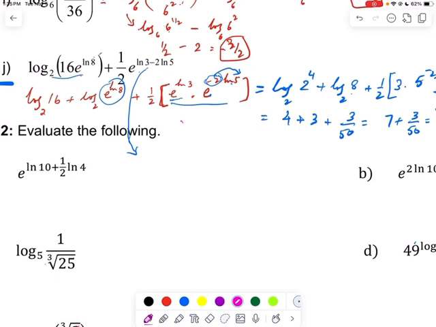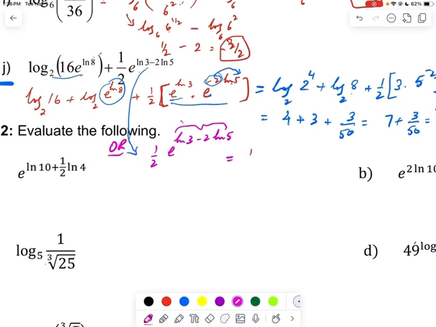So for this part, 1/2 e to the ln of 3 minus 2 times ln of 5. We can combine these logarithm terms by using the laws of logarithm. So in this case, you don't have to use the property of exponents, you can only use the properties of logarithm.